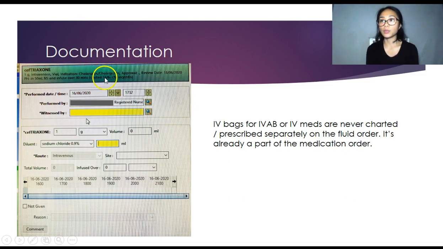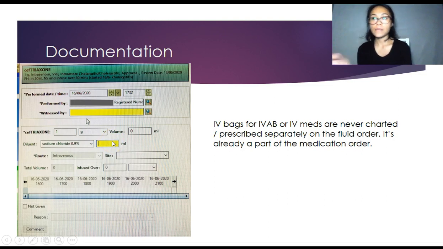We're giving it for these reasons for this patient. Mix it in 50 milliliters of normal saline, infuse it over 30 minutes, and then your name will go here, your second nurse will go here, and it prompts you to enter how many milliliters it was given in.